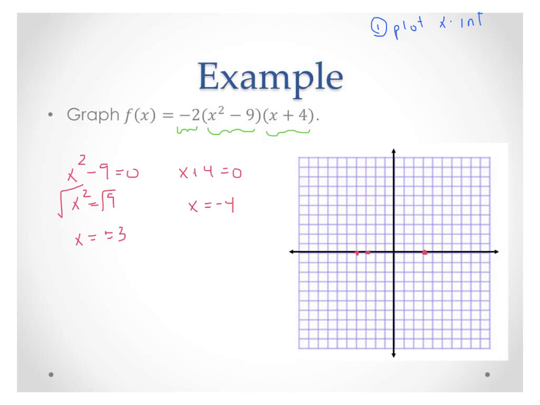Step number 2, we're going to plot additional points. For this, you're going to use a table. So we have x and we have y. I would do -5. I would do -3.5.